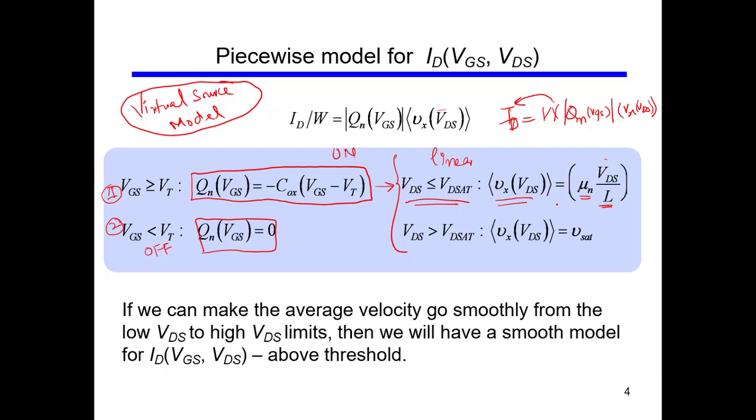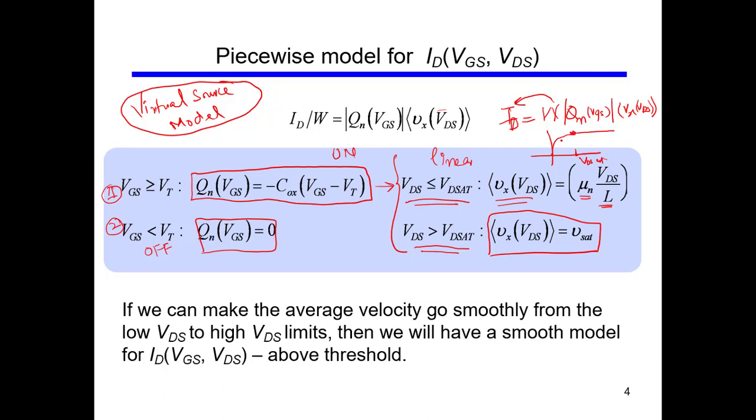And when VDS is greater than V saturation, the velocity becomes constant. This is our VD sat. If you are on this side, the velocity is increasing something like this, but when you reach this point, it becomes sort of constant.